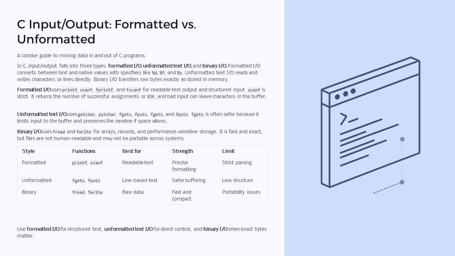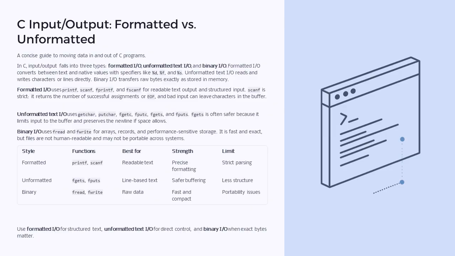Unformatted text I/O reads and writes characters or lines directly. Binary I/O transfers raw bytes exactly as stored in memory. Formatted I/O uses printf, scanf, fprintf and fscanf for readable text output and structured input.